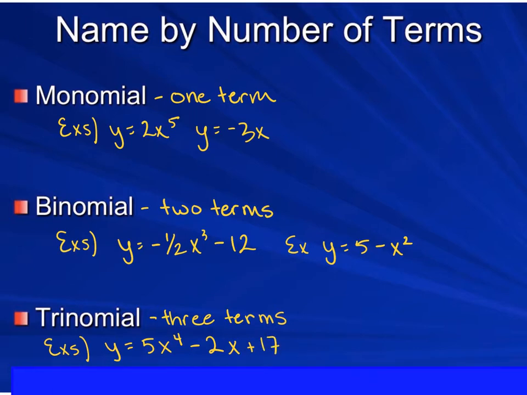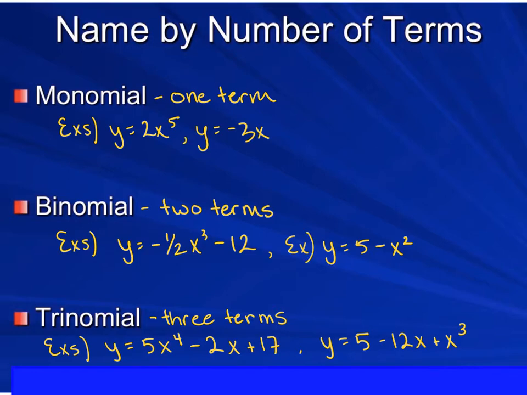So this is a trinomial because there are the 3 terms, and it's also a quartic. So you could call it a quartic trinomial. Another example with 3 terms could be y equals, let's put it in another order, 5 minus 12x plus x cubed. So this is a cubic trinomial.